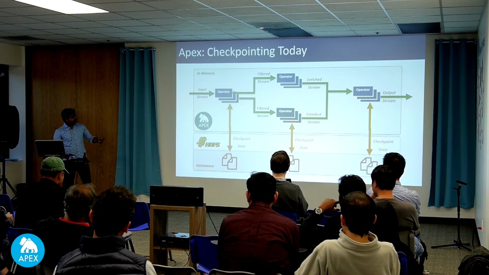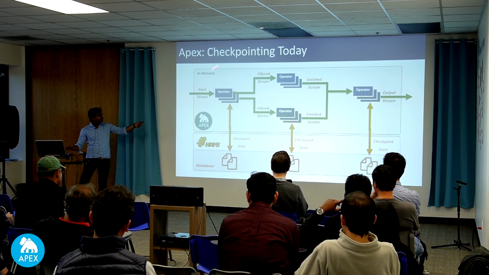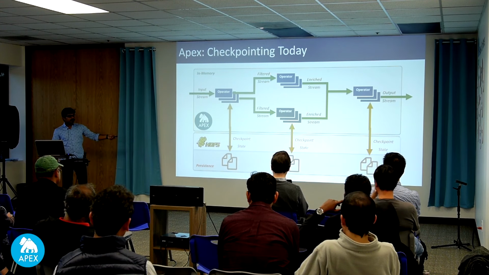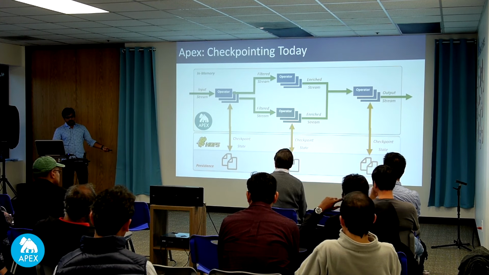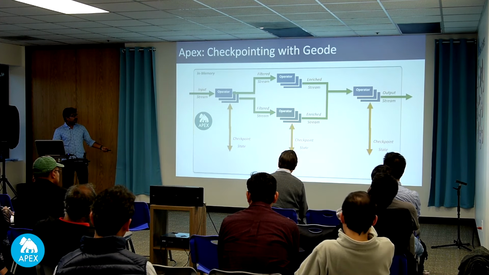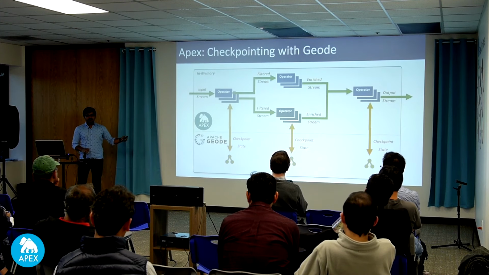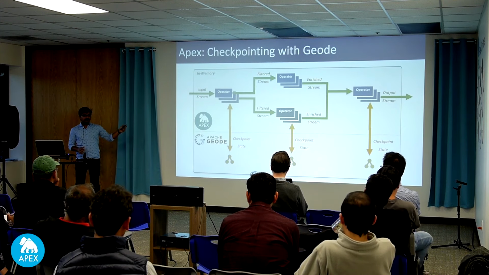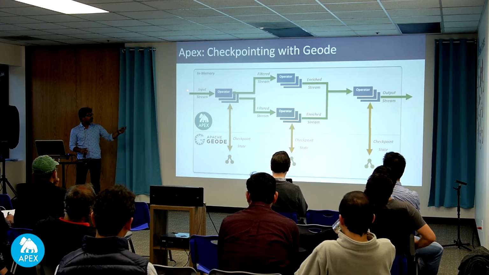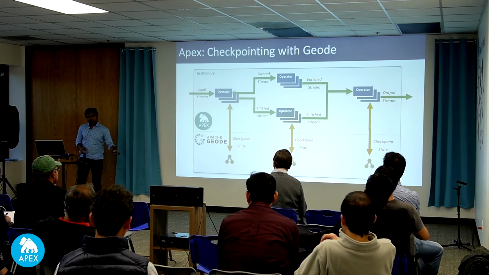Previously, the upper part, which looks like an in-memory layer, and the lower part below is the distributed file system. What we have done is change the Apex platform's checkpointing, instead of writing into a file system, into the same in-memory layer, into Geode.